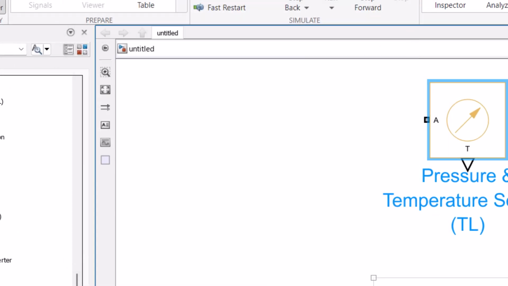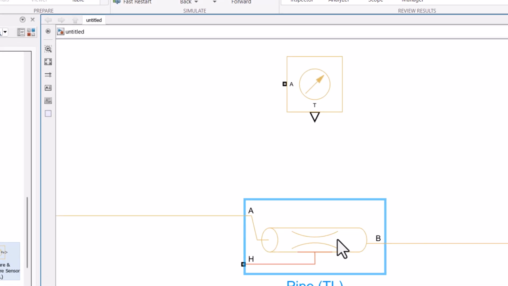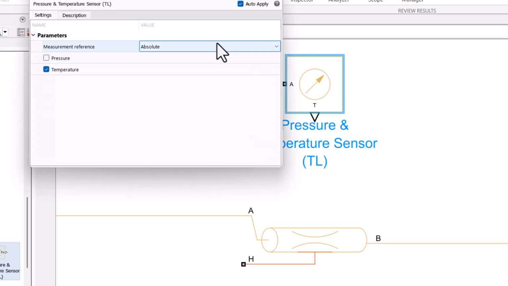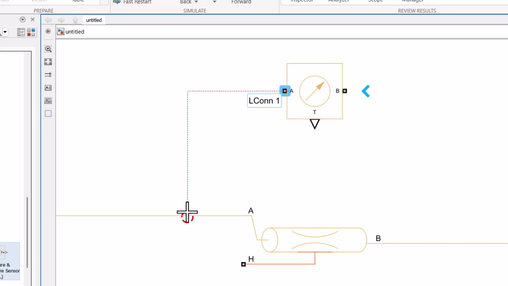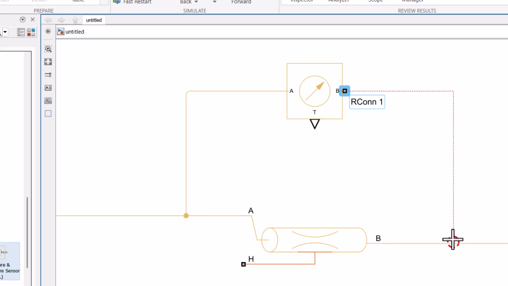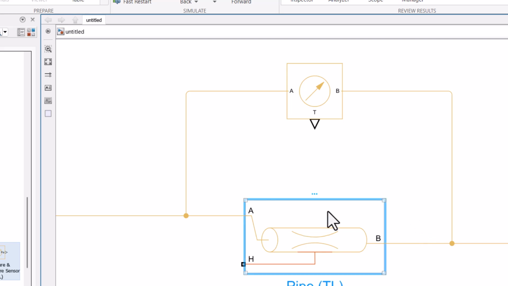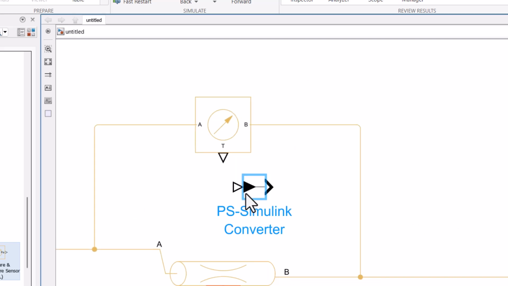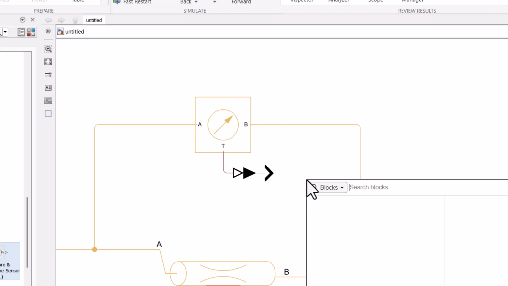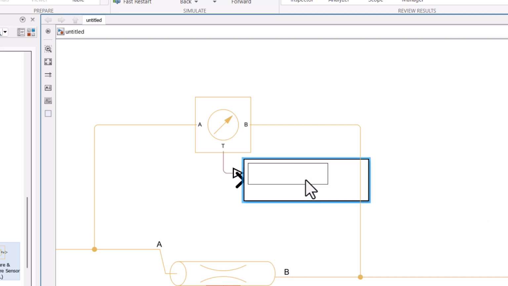And if I want the differential temperature between the ends of the pipe, I set the measurement reference to difference. Now I have 2 ports and I'm going to ask for TA minus TB across this pipe. Here's a PS Simulink converter and a display block.